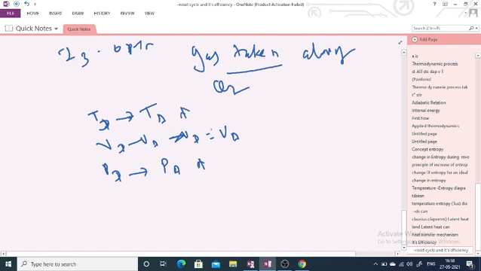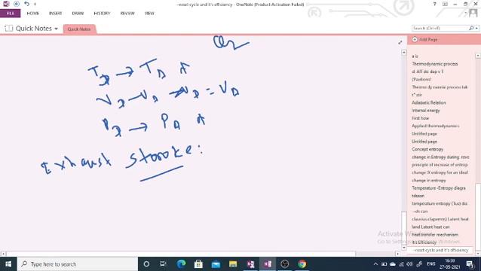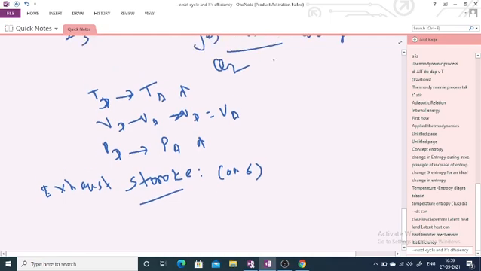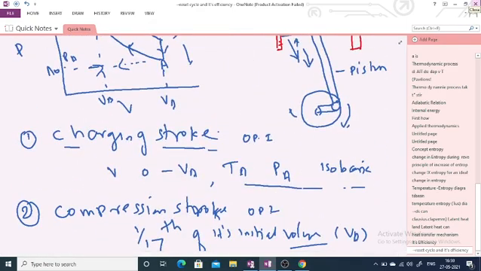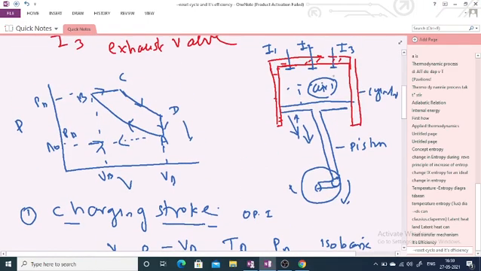And the last stage is your exhaust stroke, similar to the Otto engine exhaust stroke, and it includes the last operation, number 6. So there are 6 operations. Now you move your piston in the inward direction, and you take all the unburnt material outside through the valve I3.